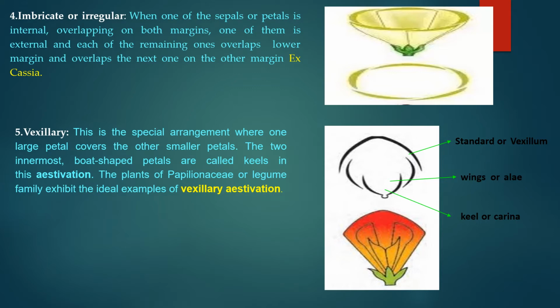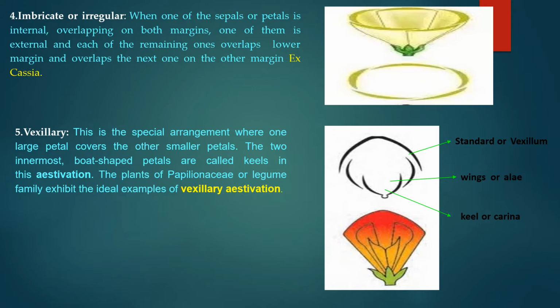So we call it irregular here because there is no proper way of overlapping. One will be overlapping the other, and the lower part will be overlapped by another, so the overlapping of the petals or the sepals is in an irregular manner. So we call it irregular or imbricate form.